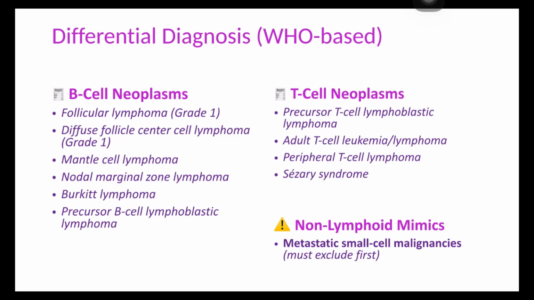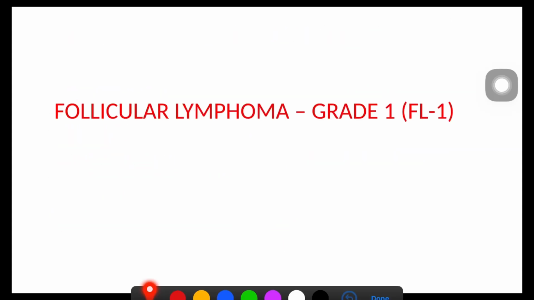T cell neoplasms include precursor T cell lymphoblastic lymphoma, adult T cell leukemia lymphoma, peripheral T cell lymphoma and Sézary syndrome, and non-lymphoid mimics are metastatic small cell malignancies. So, we have to exclude metastatic malignancy first before diagnosing lymphoma of this type of pattern. So, let us see one by one all entities.